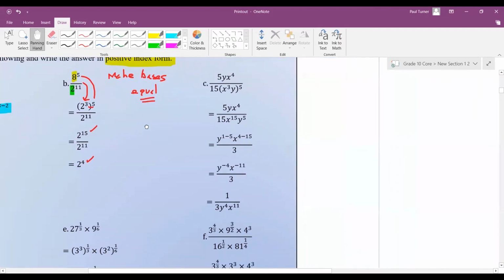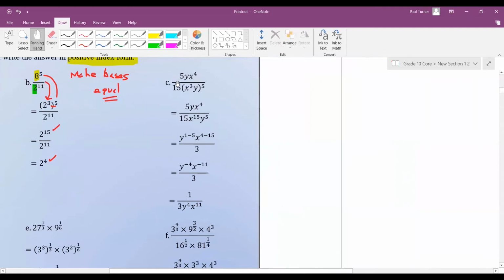Okay. Question C, same idea. What do we got? 15, I'll use red. 15y times x to the 4, 15. Now, what they did there, you get rid of the bracket first. So you've got 3 5s of 15 and 5y here.